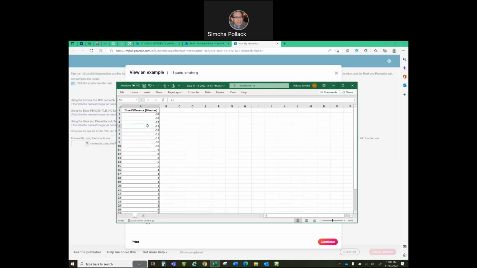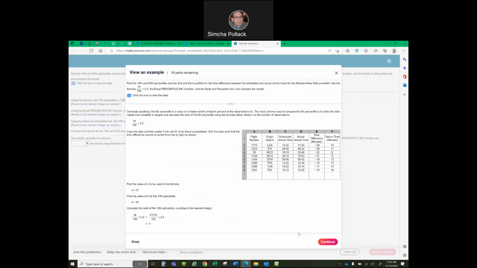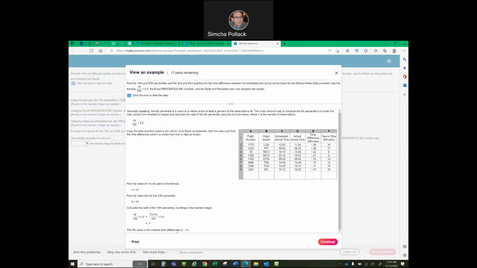So the 4th number is minus 21. So the 10th percentile, according to this method, is minus 21, which means 10% of the data is below minus 21, about 3 numbers. Let's see what the book gets. The book gets minus 21. Thank God.